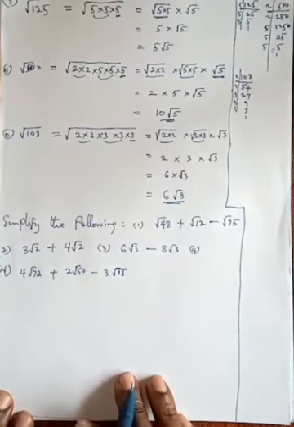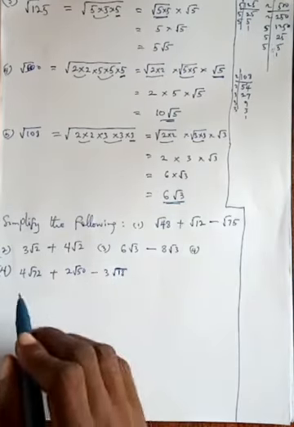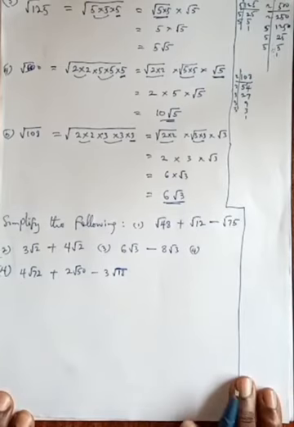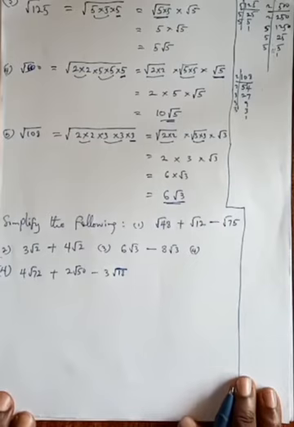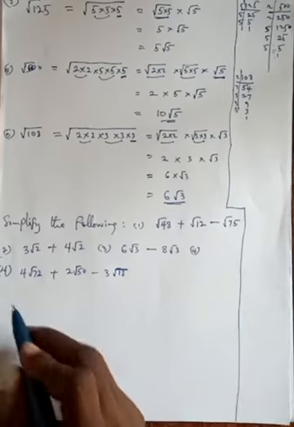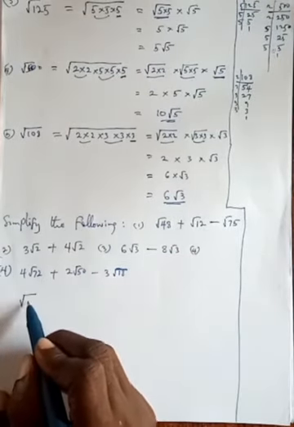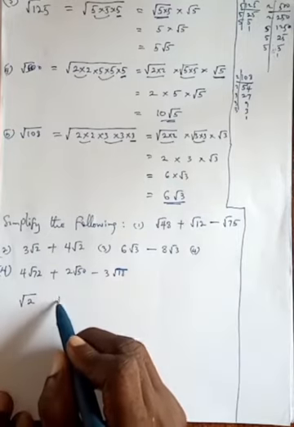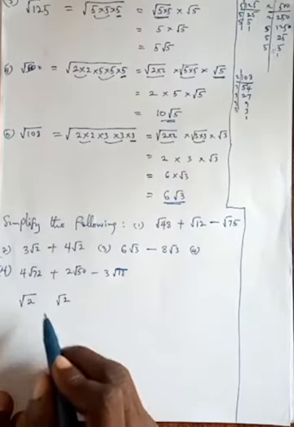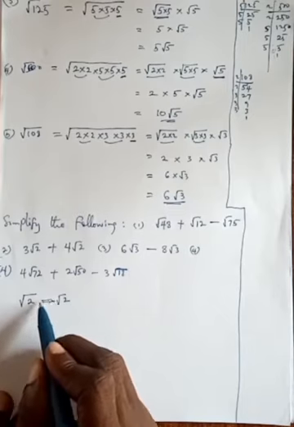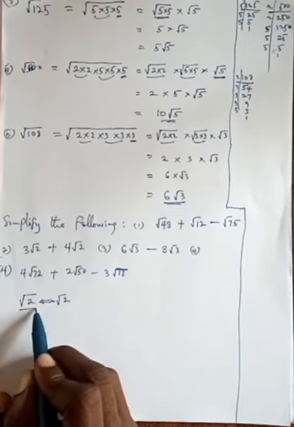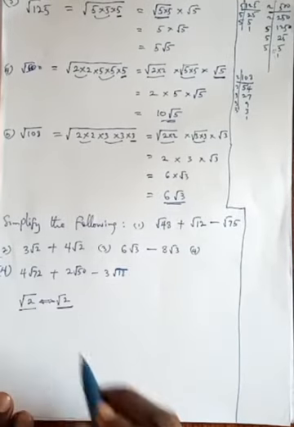Before I go ahead to do this addition or subtraction, there is one concept of similar roots that we are supposed to discuss. What we mean by similar roots is this: when we have roots containing the same element, like this, we say this root is similar to this root.